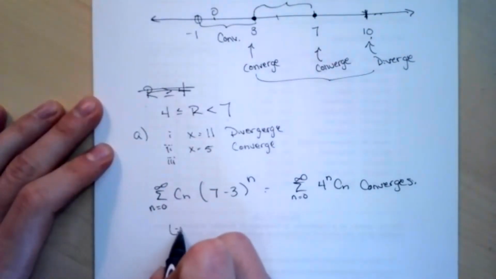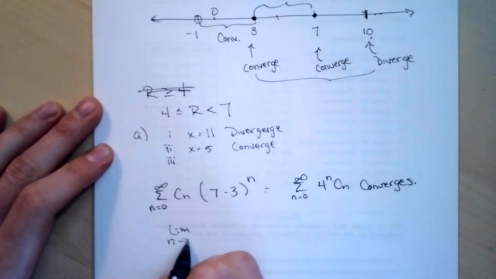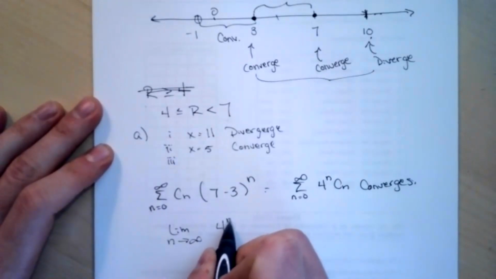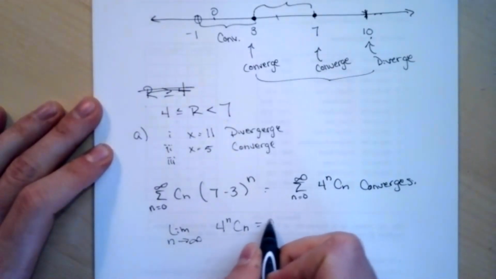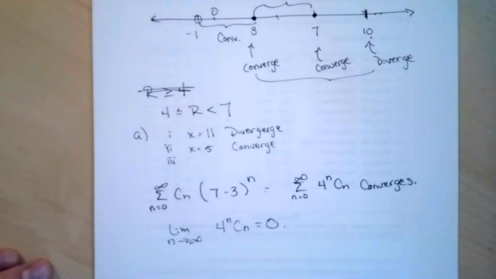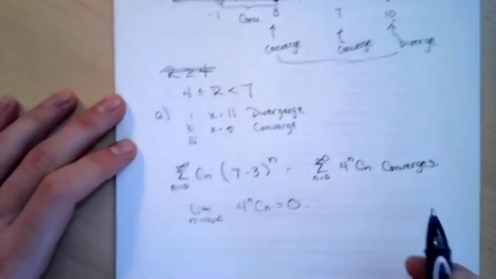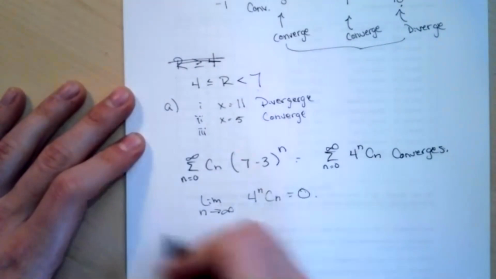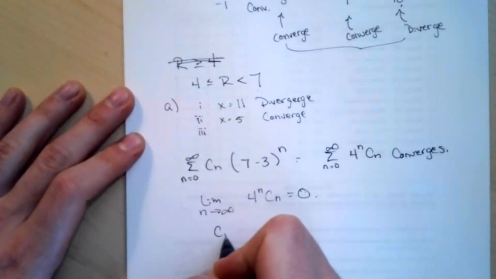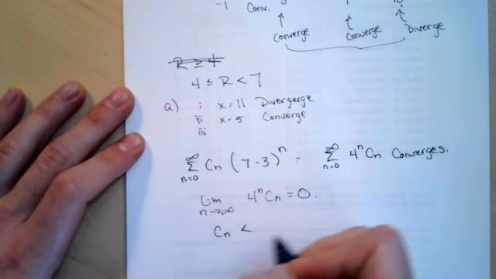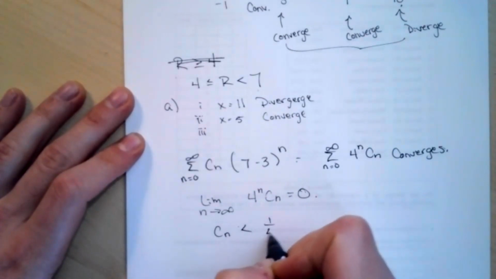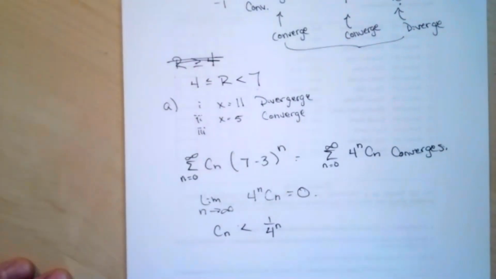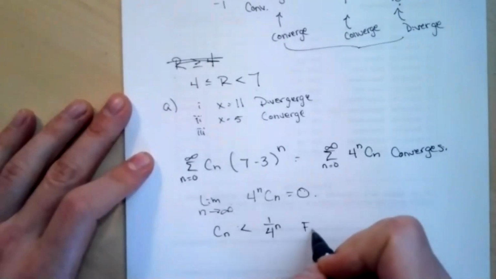In other words, if it converges, we know it has to pass the divergence test, that these terms go to 0, which in some sense is going to tell us that Cn has to be less than 1 over 4 to the n for large enough n.